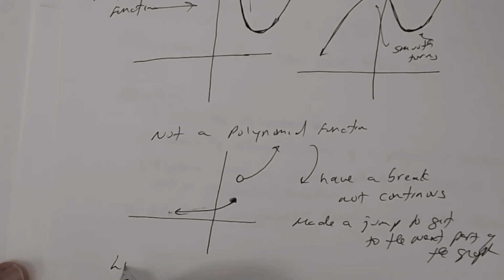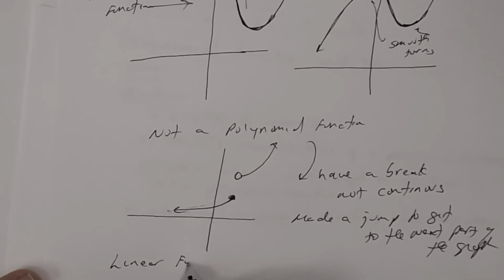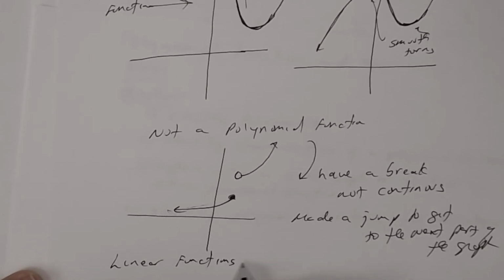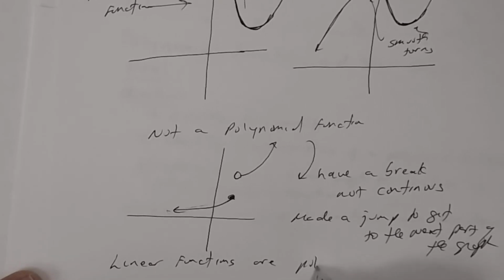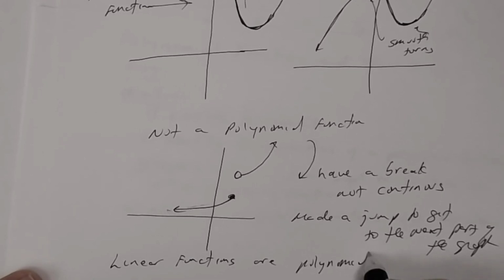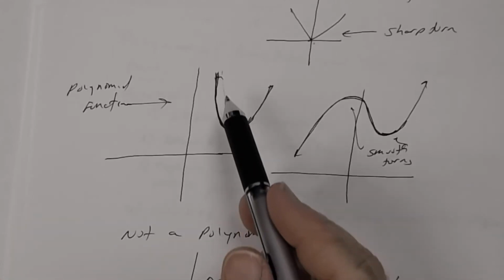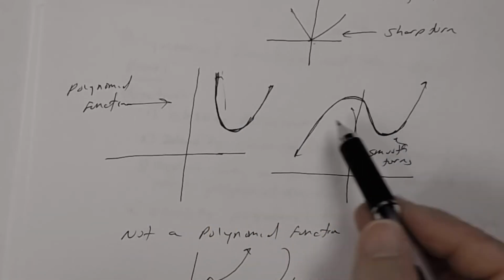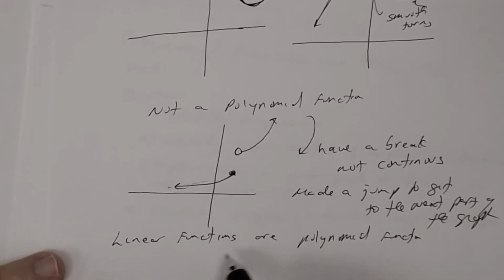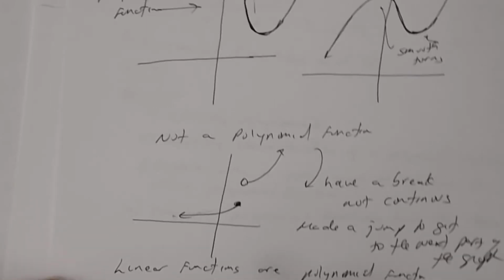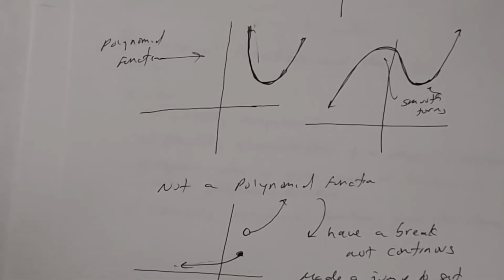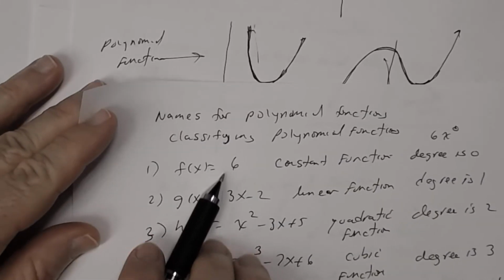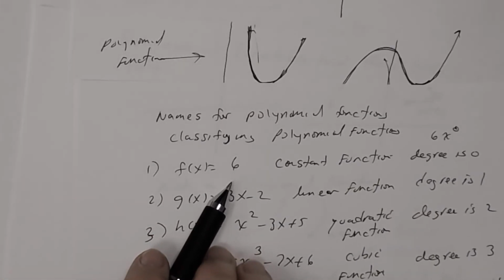So linear functions are polynomial functions. Also keep that in mind. So even though it's not a curve, so to speak, like this, like see these little turning points right here, it's still a polynomial function because of the definition here.